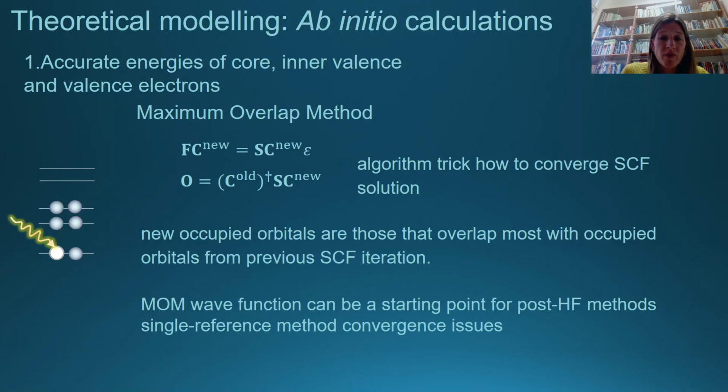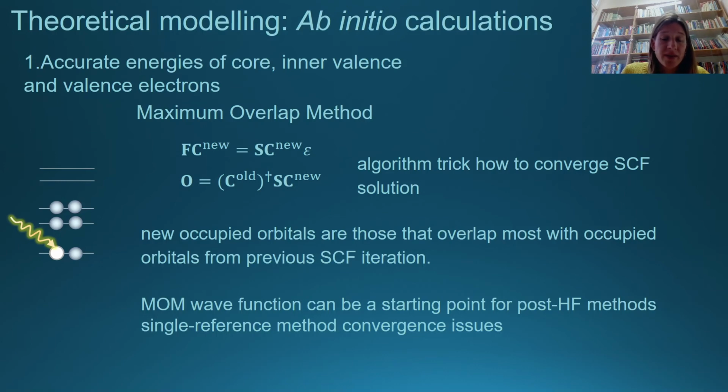However, in the maximum overlap method, we modify the algorithm to find the new occupied orbitals as those that overlap most with the occupied orbitals from the previous step. Therefore, if we create the initial wave function with the core hole, we optimize the new occupied orbitals in a way that conserves the core ionized state.